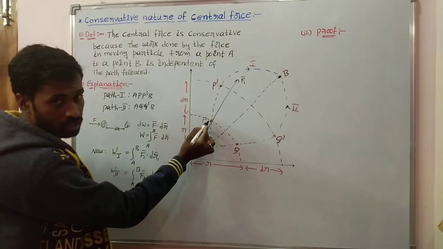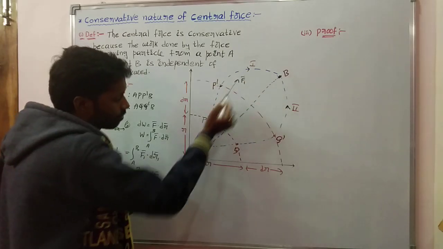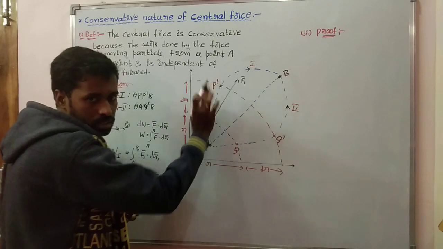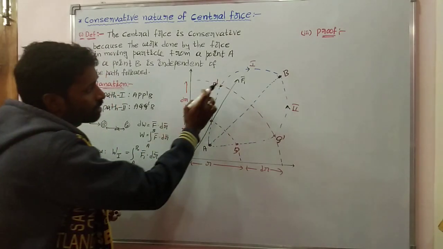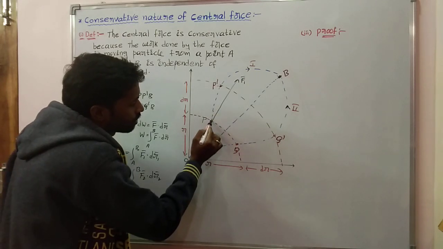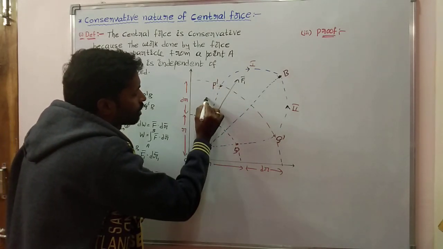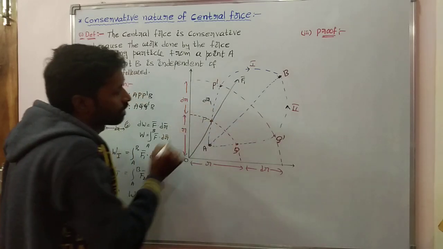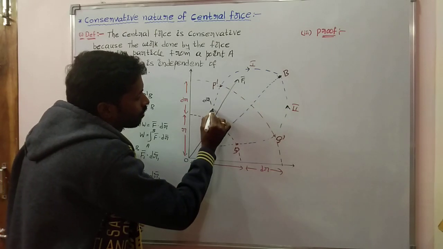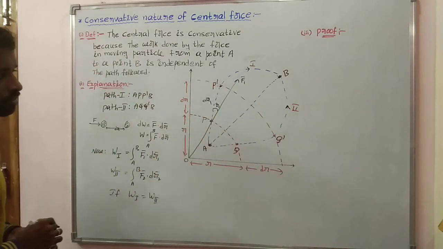This is our particle. The force acts on this particle away from the fixed point. That's why definitely it is a central force. Now we apply a central force on this particle P, then it will be displaced from P to P dash. Let us say that displacement is dr1. That dr1 makes an angle, let us say, theta 1 with F1.